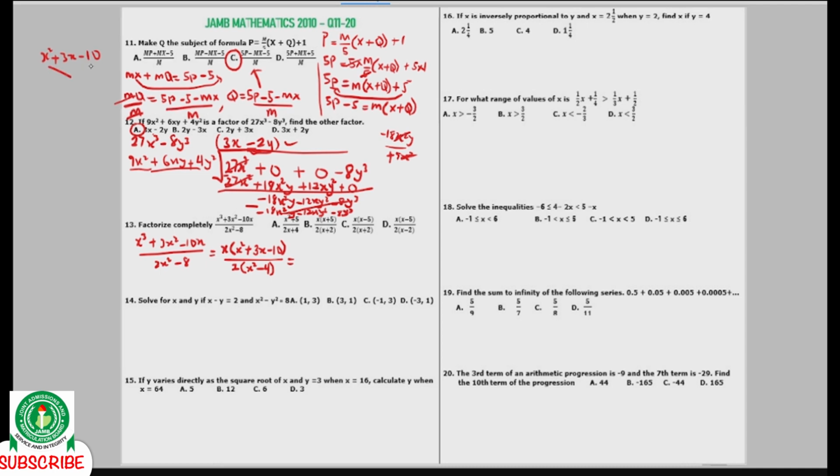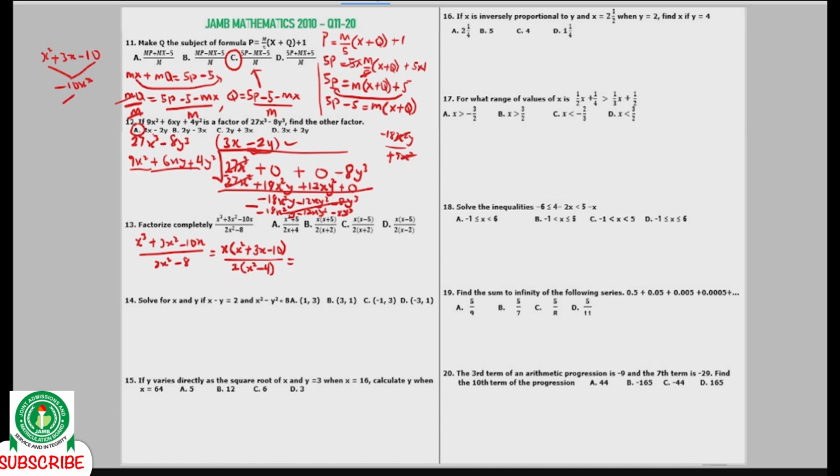You multiply this and this together, you have minus 10x squared. Now what are the 2 factors of 10 which, when you multiply together, you get minus 10, and when you add them together, you get 3? Then when you add them together, you get plus 3.